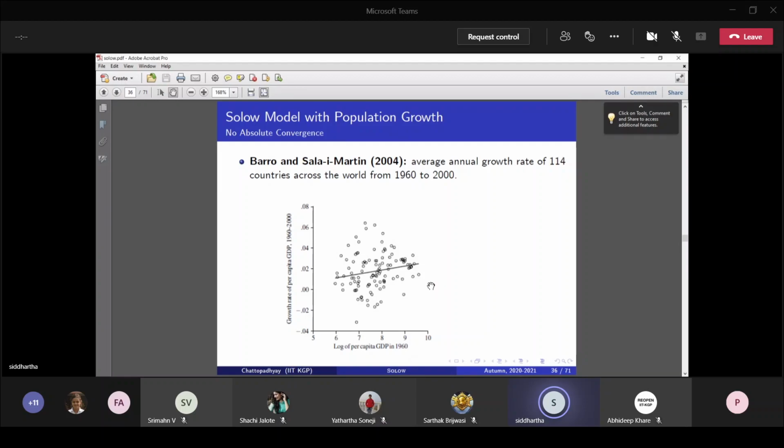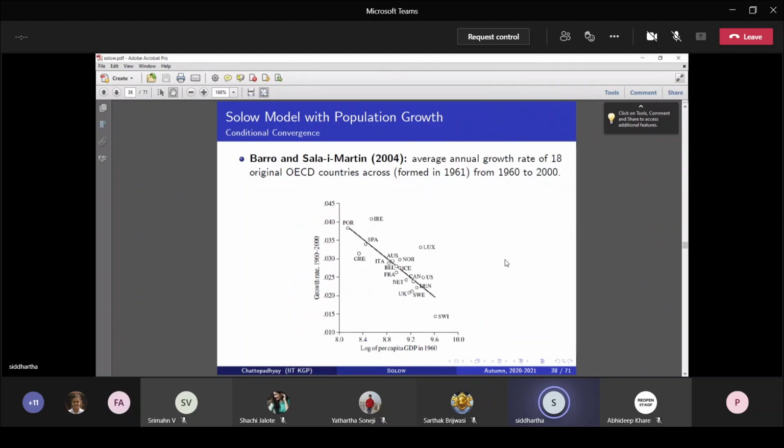Now people started asking the question, what is happening? Why are we not getting that? Then what Barro and Sala-i-Martin did was take some similar OECD countries, or you can say some similar developed countries, from 1960 to 2000.